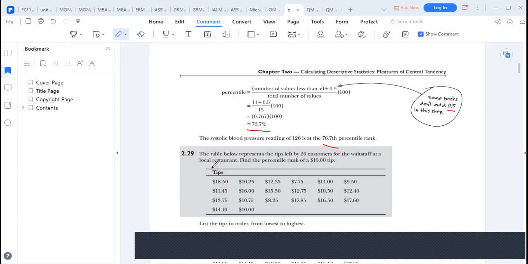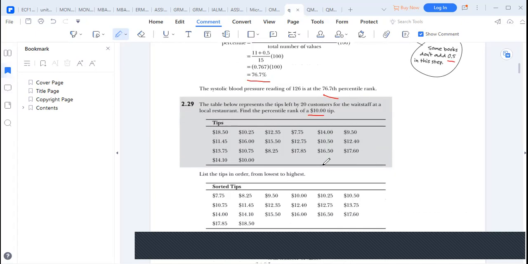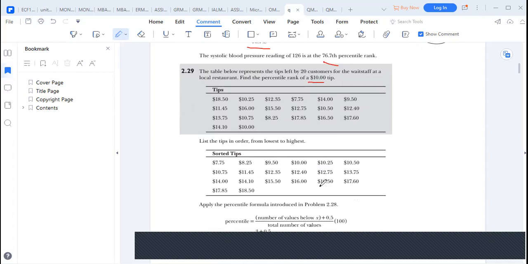Okay. So here we have a table which has 20 customers who are at a restaurant. We are being asked to find the rank of the $10 tip. So we arrange them in ascending order. Then let's identify the $10. It is here. Okay. So 1, 2, 3, 4.